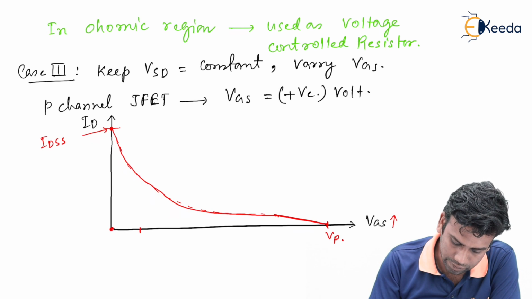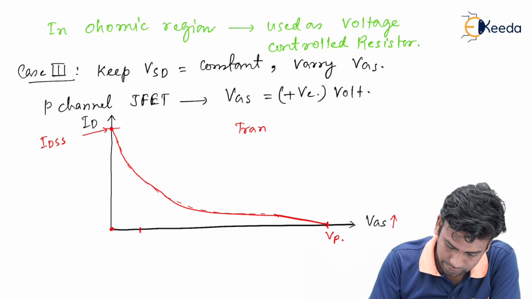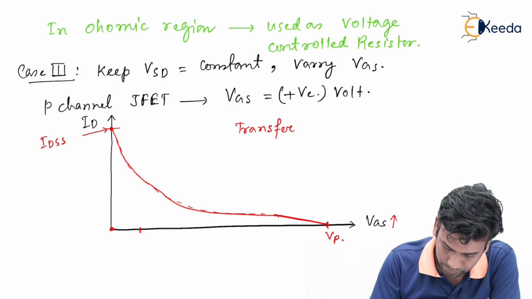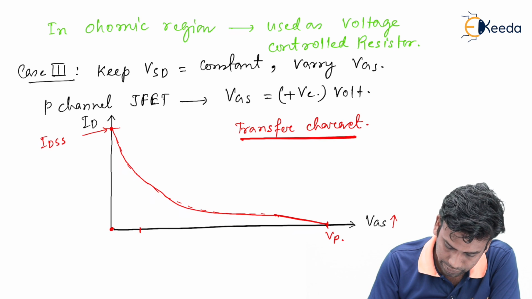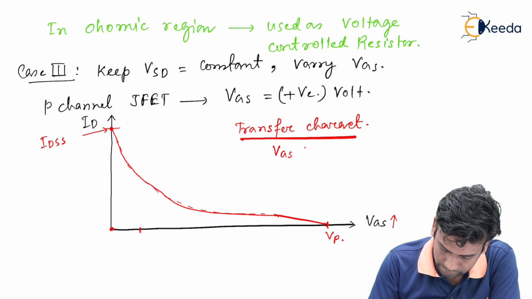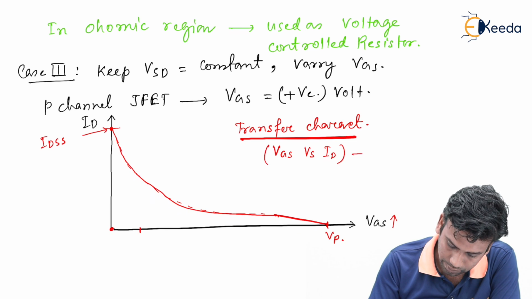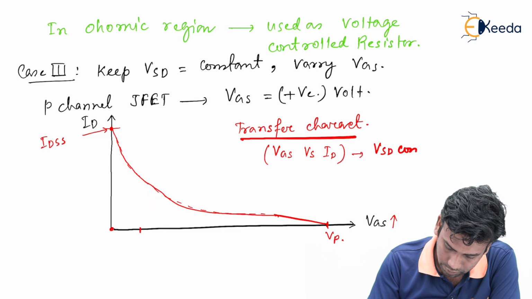So this curve is called the transfer characteristics of the JFET, and this transfer characteristic means VGS versus ID keeping VSD constant.